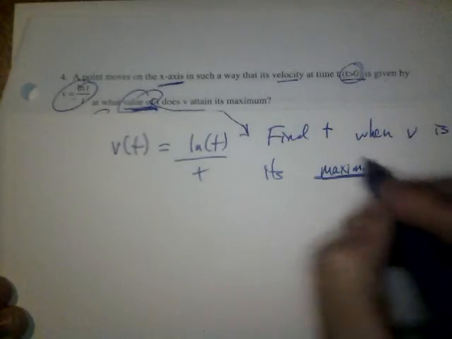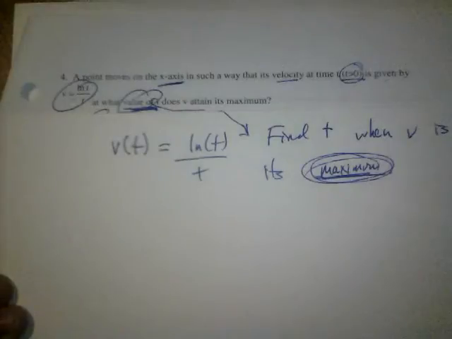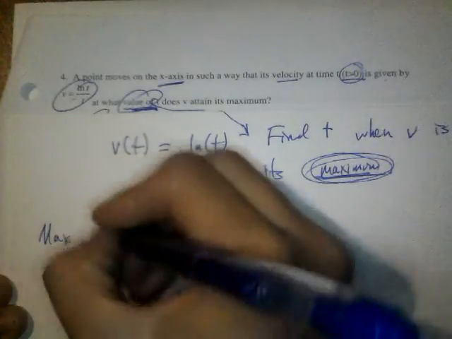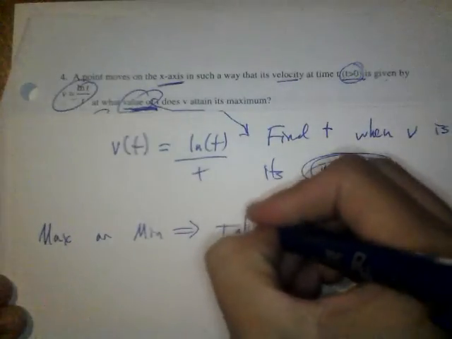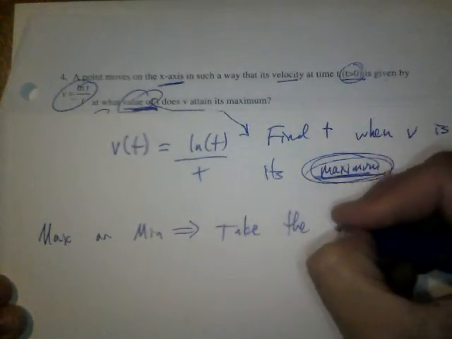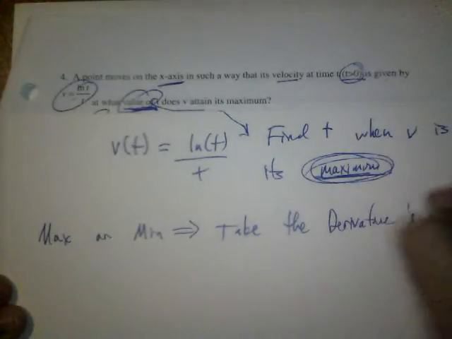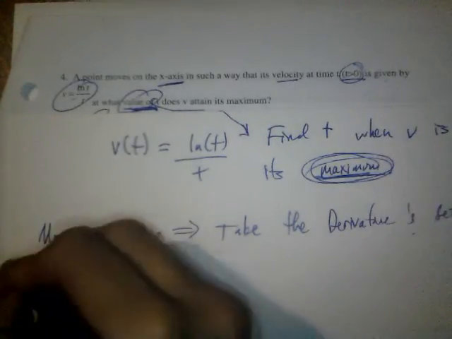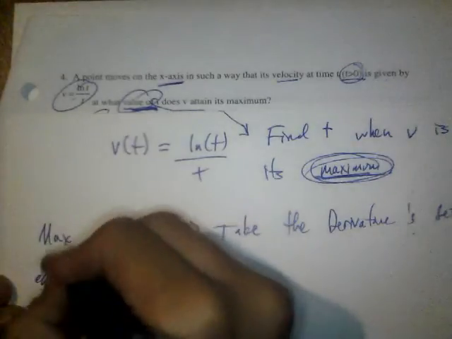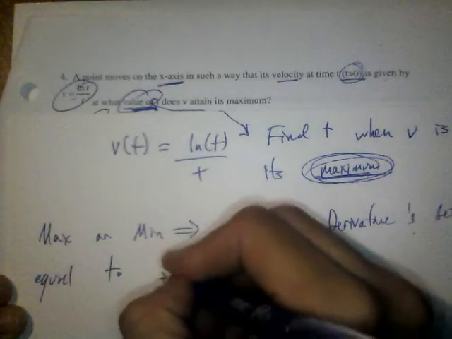The keyword is maximum. If you remember from number 3, whenever it says max or minimum, this implies you're going to take the derivative and set it equal to 0.